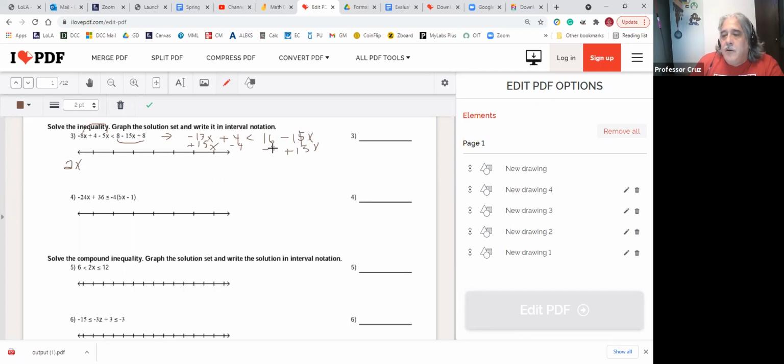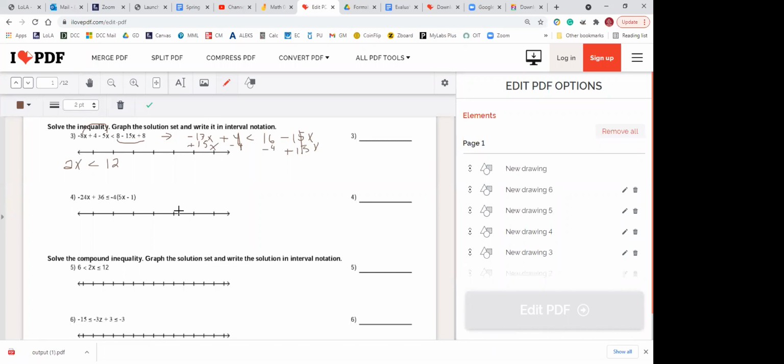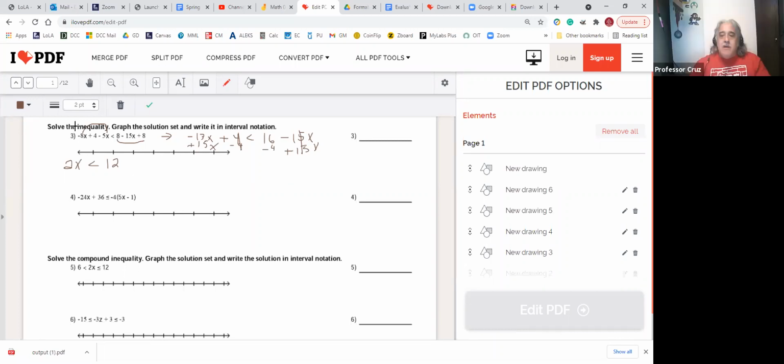So these are going to be gone, and those are going to be on, and then you got less than 12. Does that look right? Yeah. All right. So now we're going to divide everything by 2. So x is less than 6.